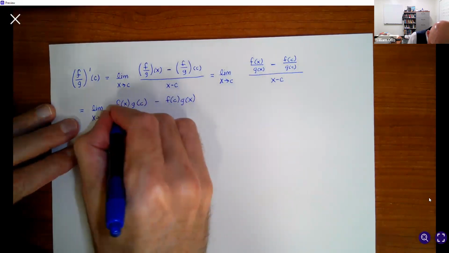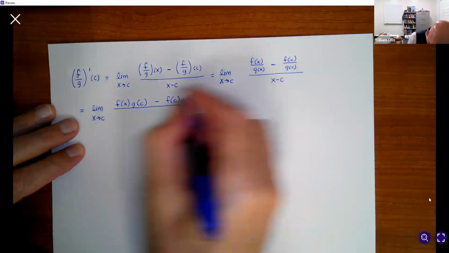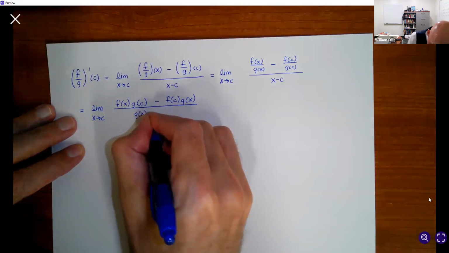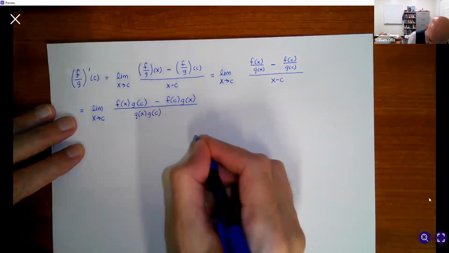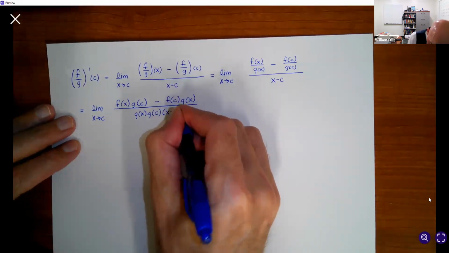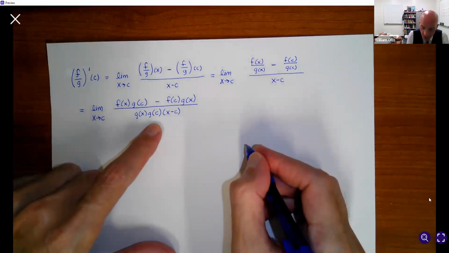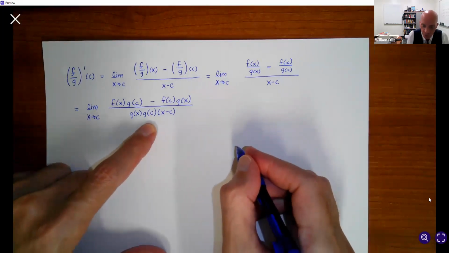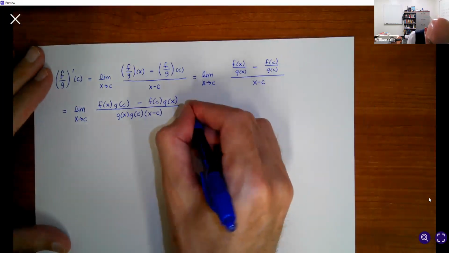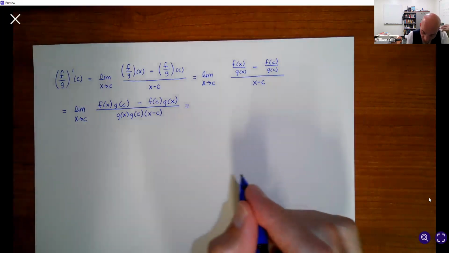And now we can just collapse the common denominator, g of x, g of c. Now you're seeing where that g squared is going to come from, and then replace it by the x minus c for now. So just a few steps of algebra shows you that our formula is already starting to take some shape. So now what we want to do is what I've suggested.